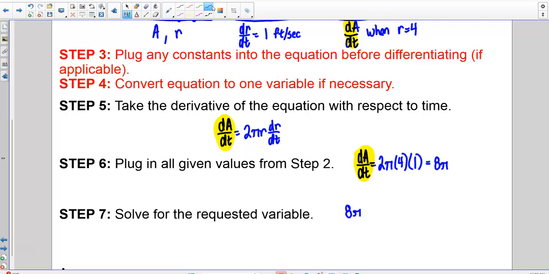Yes, because this is dA dt. This is another reason that I like to call it dA dt instead of A prime, right? We're doing the change in A over the change in T. A stands for area. How do you measure area? Square units, right? You measure area in square feet.